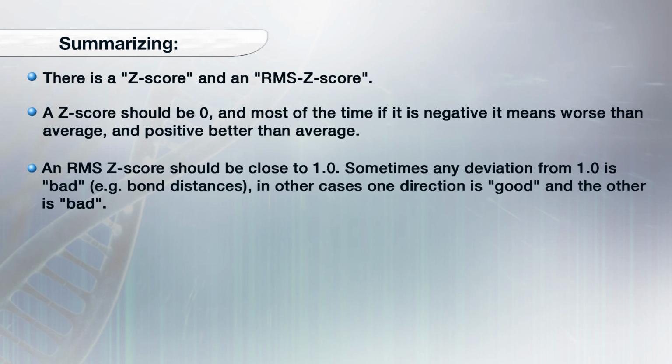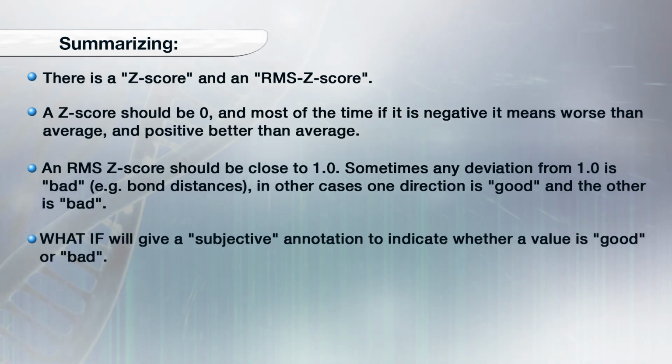Sometimes any deviation from 1.0 is bad, for example, bond distance is increasing. In other cases, one direction is good and the other direction may be bad. WHAT IF will give a subjective annotation to indicate what is good and what is bad. So, that was a detailed statistical understanding of WHAT IF and how it has been used.